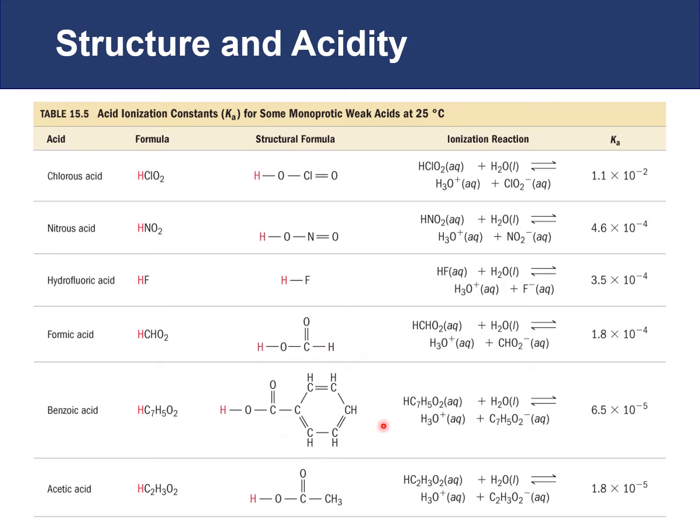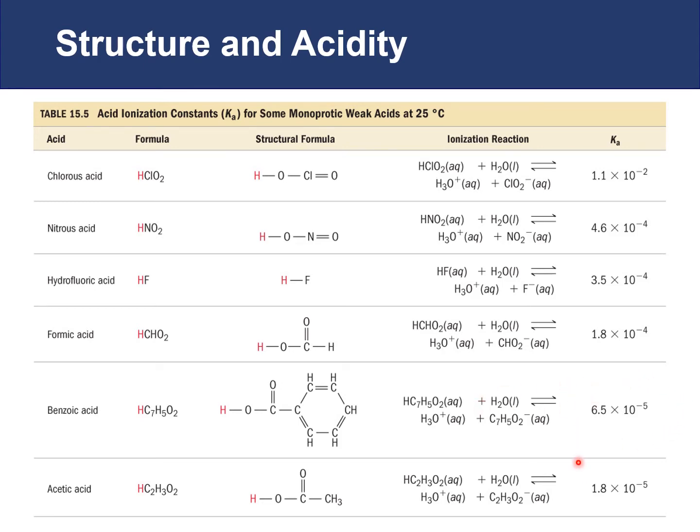We've got benzoic acid, where the COOH group is bound to benzene, or acetic acid, in which the COOH group is bound to a methyl, CH3. You can see in the case of benzoic acid and acetic acid, the Ka values are fairly similar. Formic acid is a much stronger acid than acetic acid, and it's also stronger than benzoic acid.